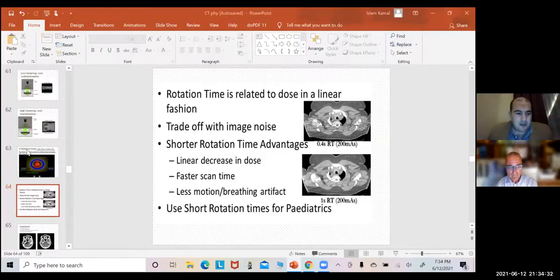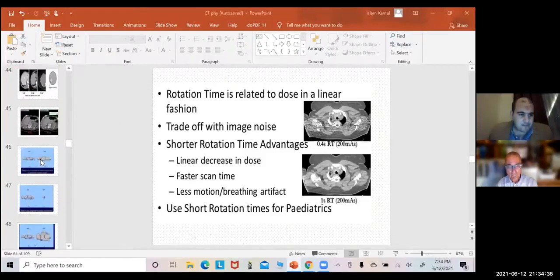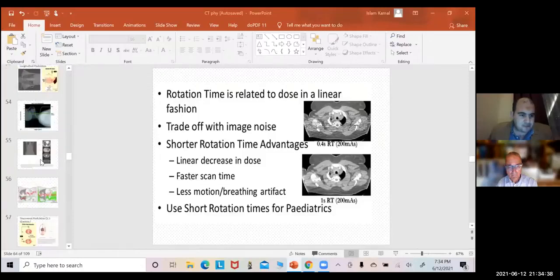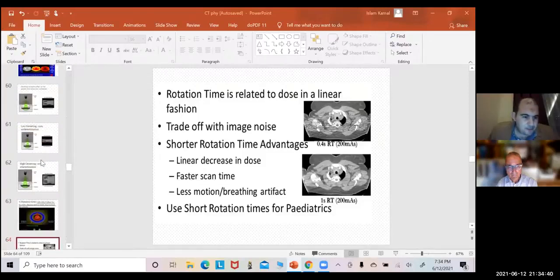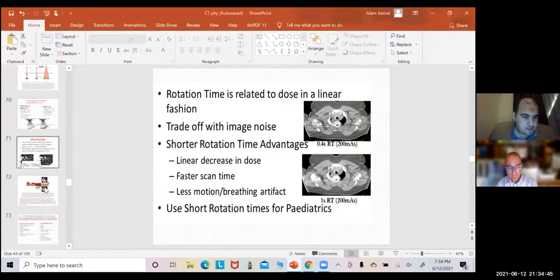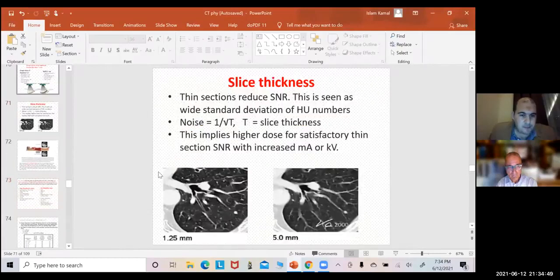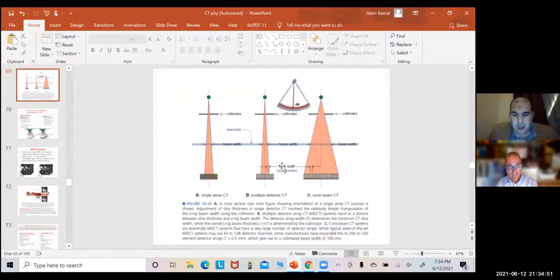For example, here, this is a single row of detector. In the single row of detector, the beam width itself determines the slice thickness.